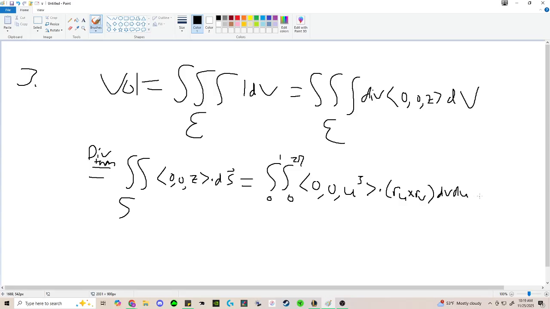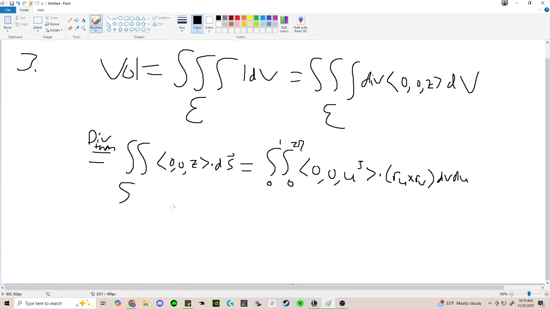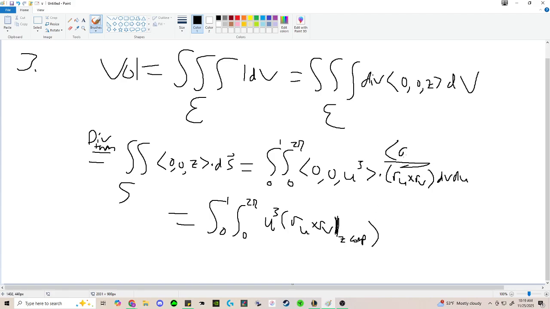So this is just the integral 0 to 1, integral 0 to 2 pi of u cubed times r_u cross r_v in the z component.